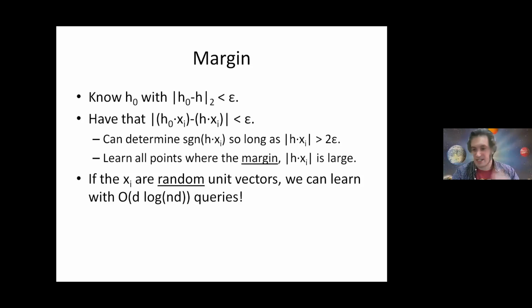So there's a single hyperplane H, and there are a bunch of vectors x_i, and I'm trying to learn all the signs of H dot x_i. And what does it mean that x_i are random? If my x_i's were generated by picking uniform random unit vectors. You can't do uniform random on the whole space. Uniform random on the unit sphere.